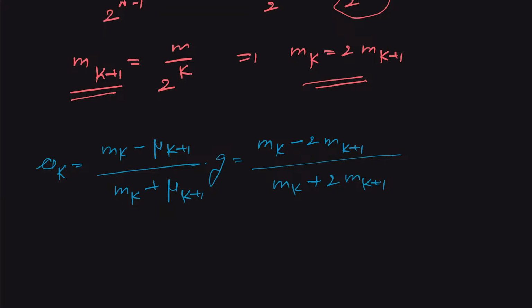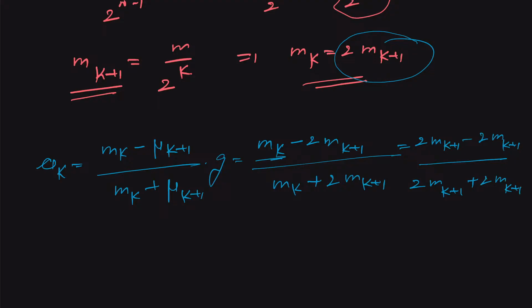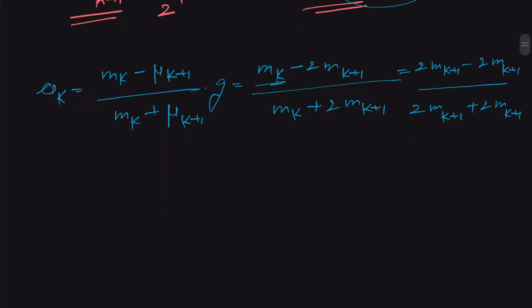And we know that m of k is nothing but twice m of k plus 1. So we get twice m k plus 1 minus twice m k plus 1 divided by twice m k plus 1 plus twice m k plus 1. Therefore we get that our acceleration is equal to 0 for all values of k.